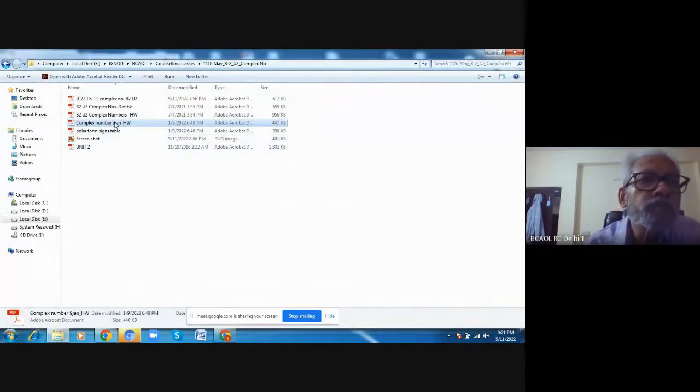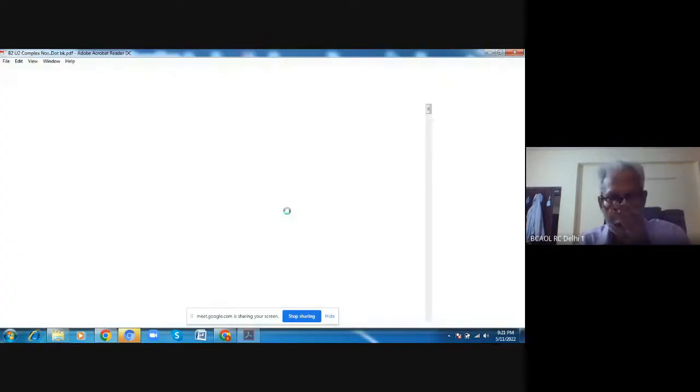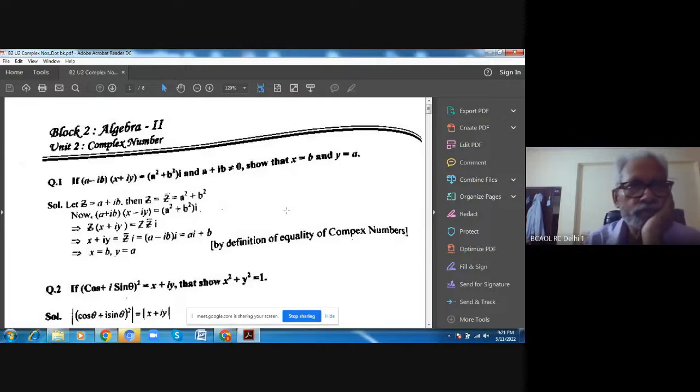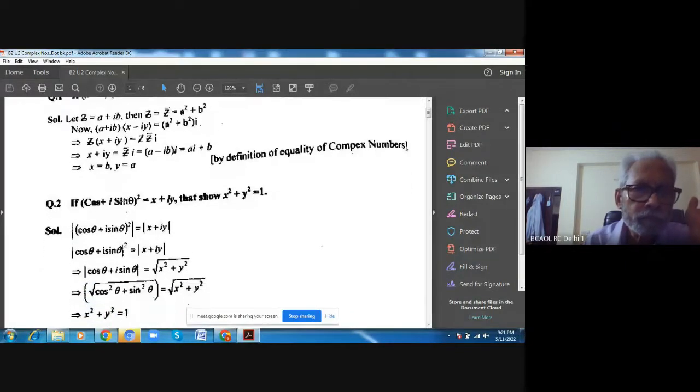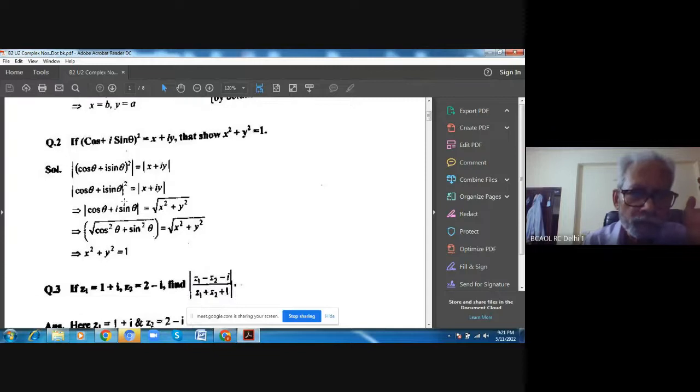And then we can go for some other formations I have given. Some more examples. That is a polar formation.